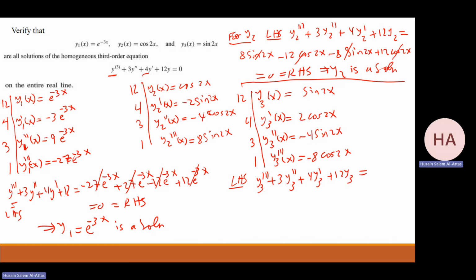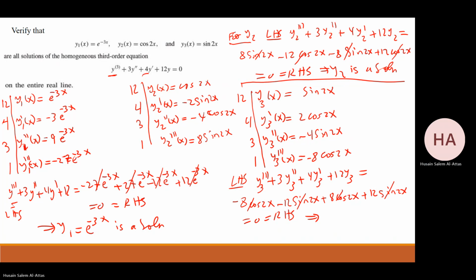Just substitute: y3 triple prime, multiplied by 1, is minus 8 cosine 2x. 3 times this is minus 12 sine 2x, plus 8 cosine 2x plus 12 sine 2x. Clearly, this cancels and this one cancels, so I'm getting 0, the right-hand side. So y3 is also a solution.